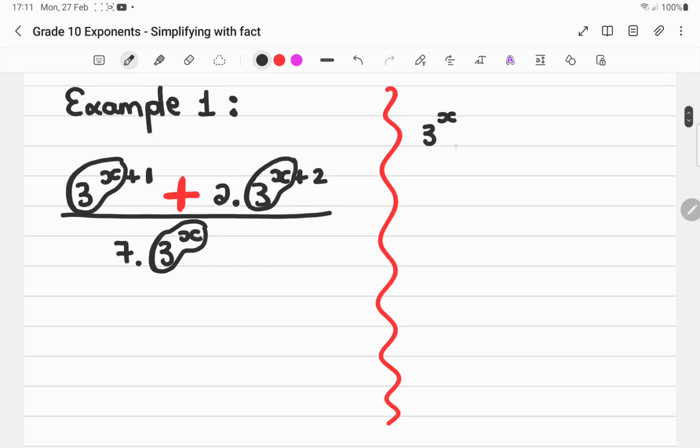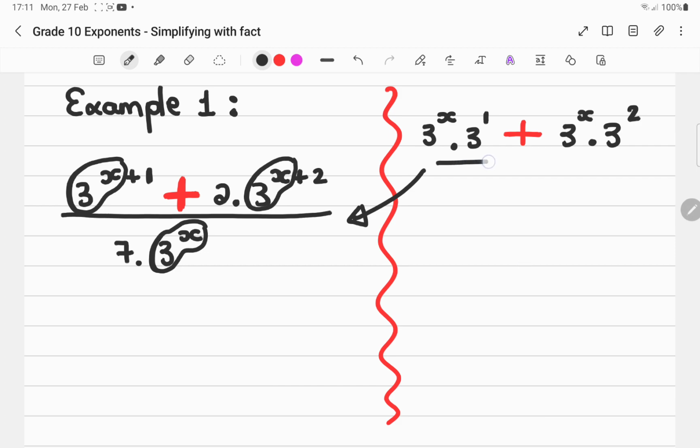We write 3 to the power x times 3 to the power 1, a big old plus sign dividing our two terms, 3 to the power x times 3 to the power 2, over 7 times 3 to the power x. When you take it back to the expression, I haven't changed anything, I'm just splitting them. Splitsies.